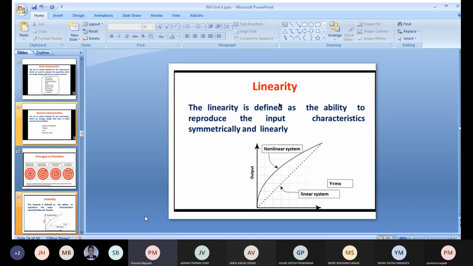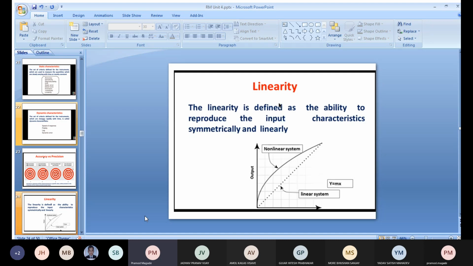What is linearity? It is the ability to reproduce the input symmetrically. I think you are aware of the stress-strain curve. Up to the proof stress, it is equal, meaning whatever the input is, the output changes accordingly and that is constant. It changes linearly, that's why that graph is a straight line. When yield comes, it changes, and so on.